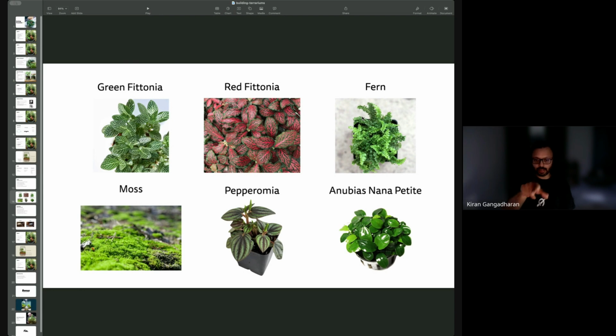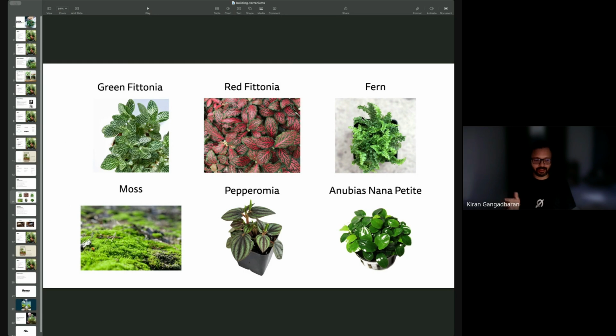The fern that I've shown here in particular, I don't remember its full name, but this is the one I have, and that's the maximum height it can reach. So it's not going to grow beyond that. Even if it's healthy, you might need to trim because it can spawn and go bushy, but it's not going to go tall.